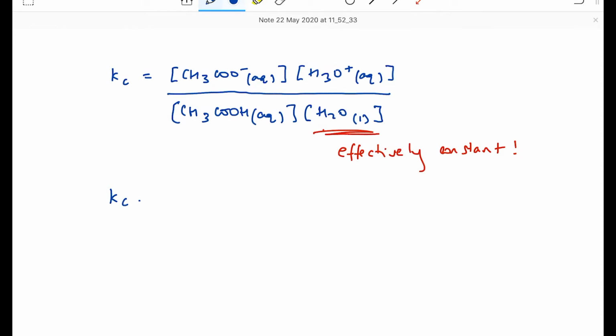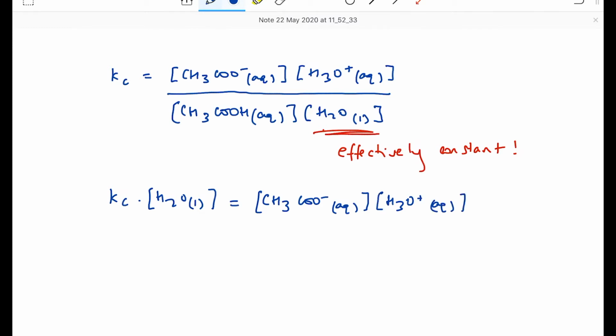So Kc times water, so we've got both our constants on the left-hand side, is going to equal CH3COO minus, H3O plus, over our ethanoic acid.